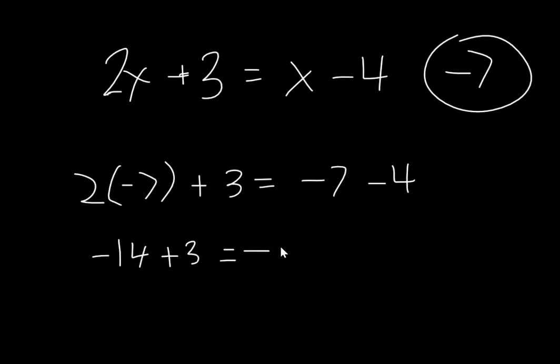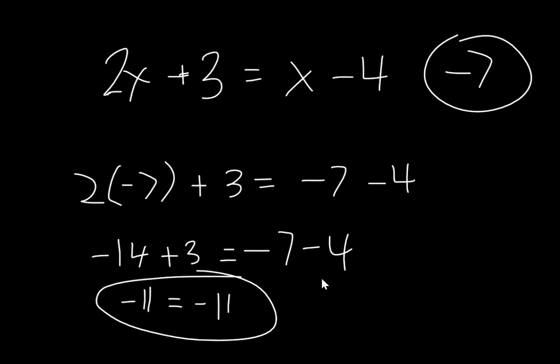Negative 14 plus 3, you have negative 14, and then you jump 3 that way, you get negative 11. That is equal to negative 7 minus 4. Negative 7, and you're going to the left 4 more times. You should get negative 11. Negative 11 is equal to negative 11, which means negative 7 works for this equation.